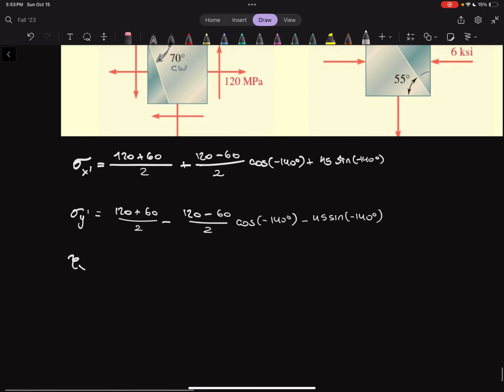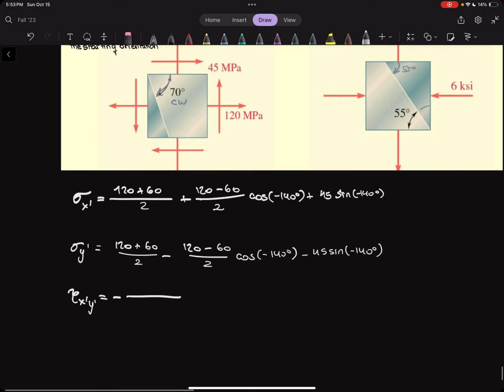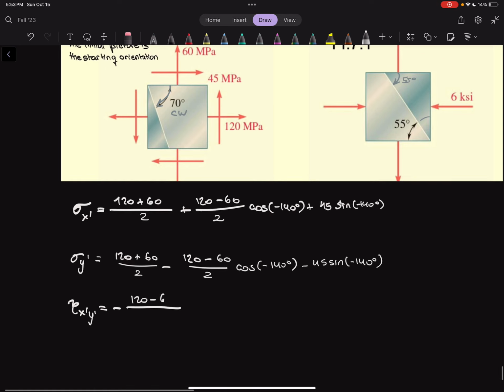And then we have tau x prime y prime, which is going to be equal to minus sigma x minus sigma y over 2. So sigma x is 120 minus sigma y, which is 60 over 2 times the sine of minus 140 degrees plus 45 cosine of minus 140 degrees.